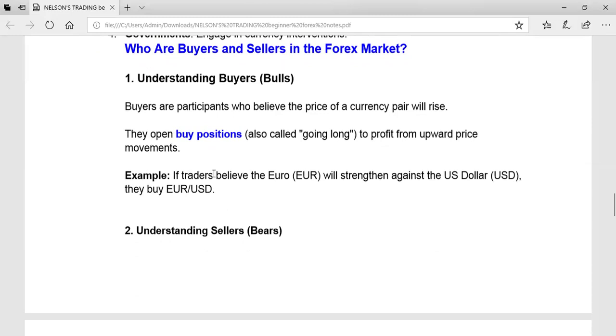Okay, this is an example. If traders believe that the euro will strengthen against the US dollar, they buy EUR/USD. For example, if you want to buy a piece of land, you have checked a certain place and see that in the near future the price of land will increase. So you develop that interest and you buy land at that specific area.